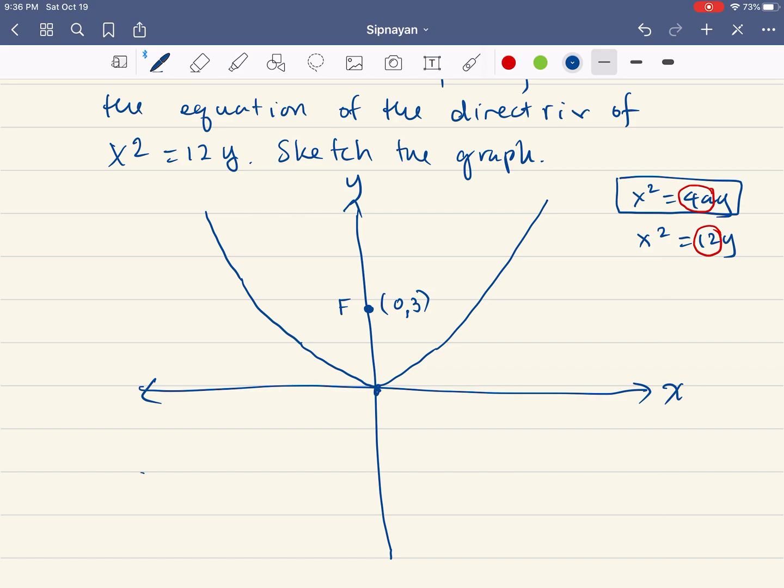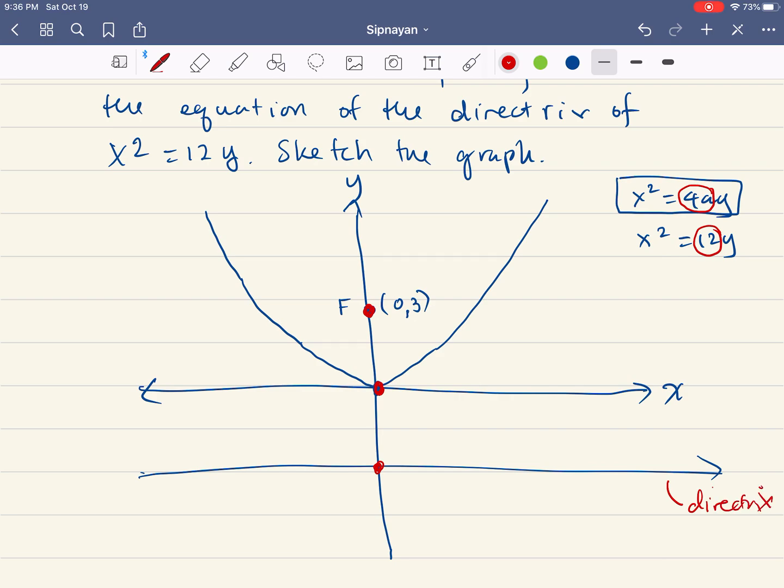So may line here somewhere na pareho yung distance niya. Pag nandito yung point ng parabola, gitna siya ng point na F at ng directrix.